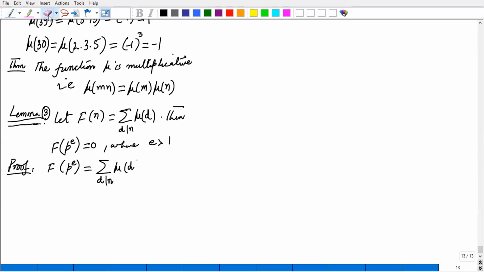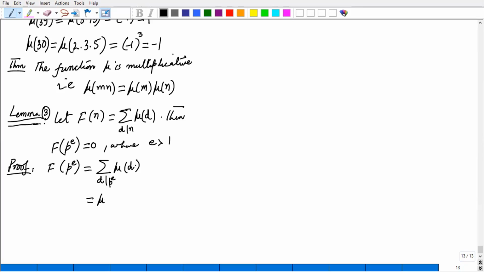So which are the divisors of p to the power e? The divisors are 1, p, p square, till p to the power e.